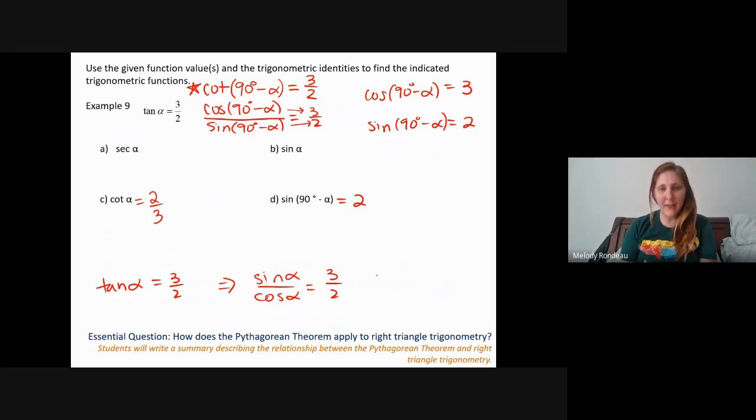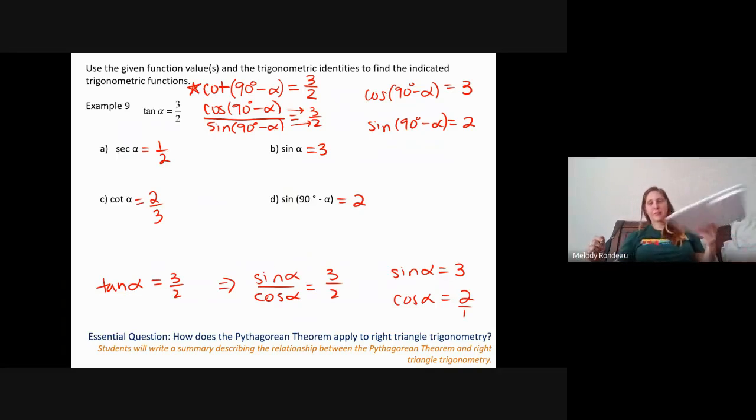So if I look at it that way, that means sine of alpha is 3 and cosine of alpha is 2. Fantastic. And then if I fill those in, my sine is 3. My cosine, I didn't actually need cosine, I needed secant. So if I flip that or make it a reciprocal, that would give me secant is 1/2.